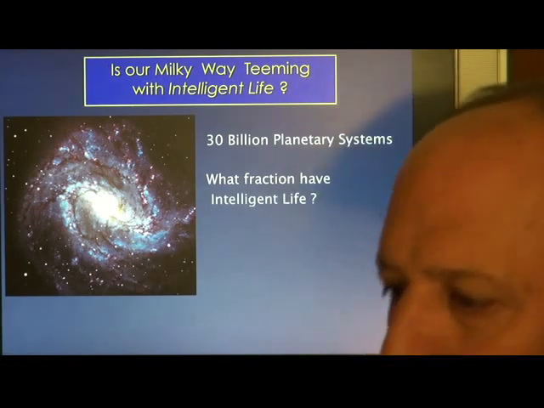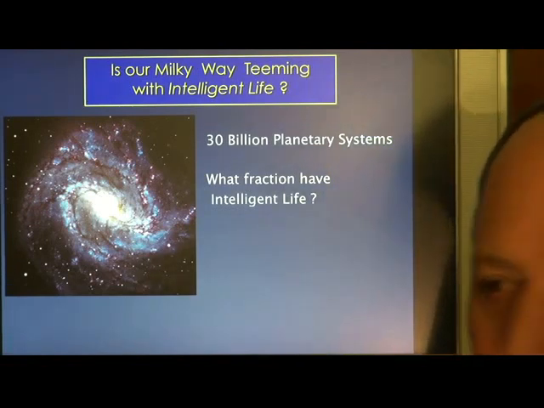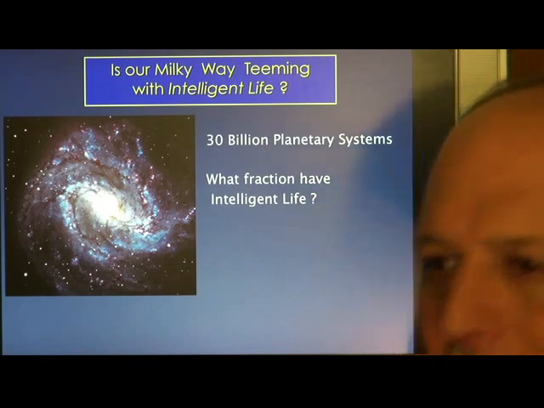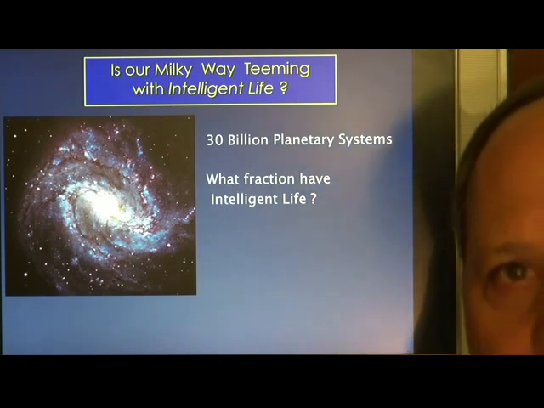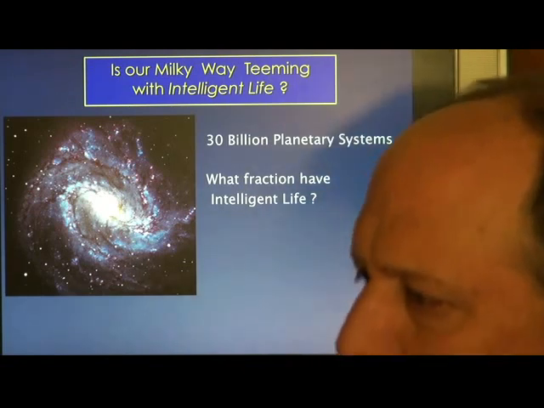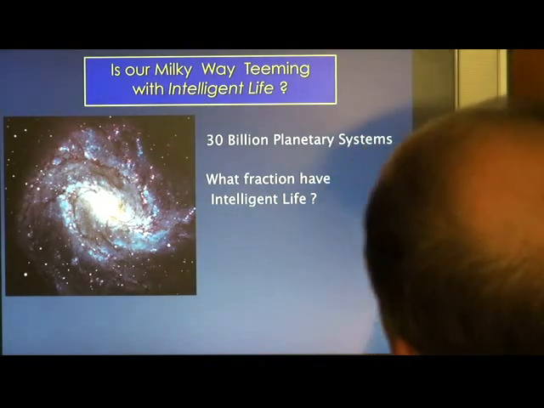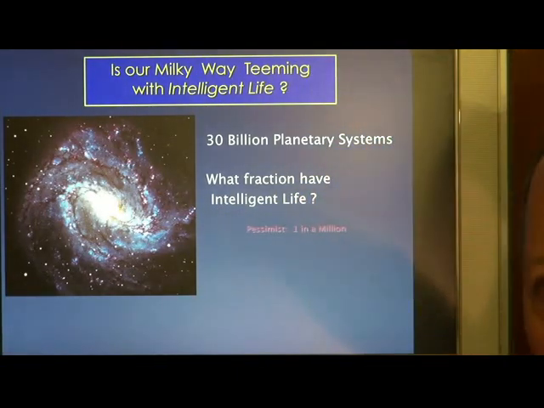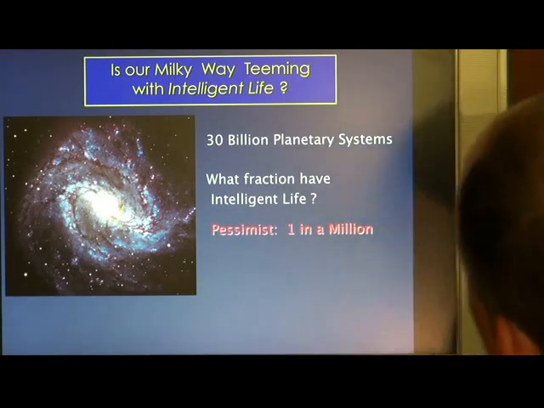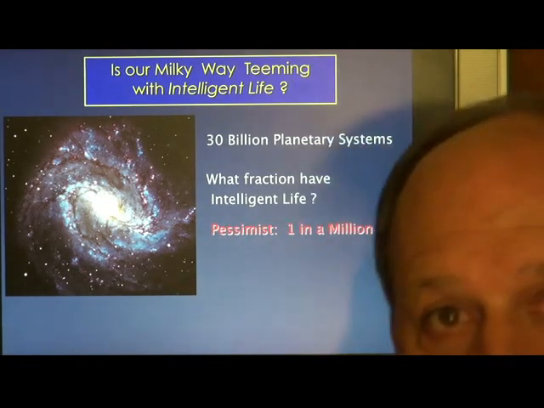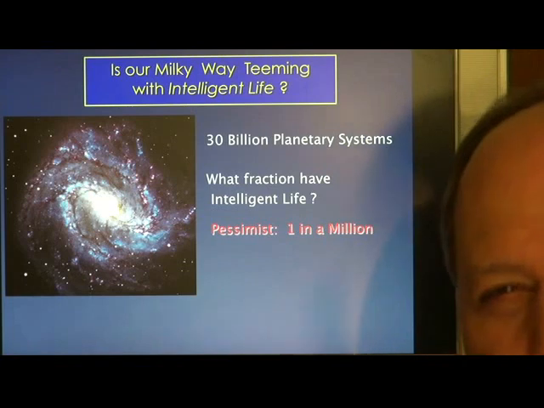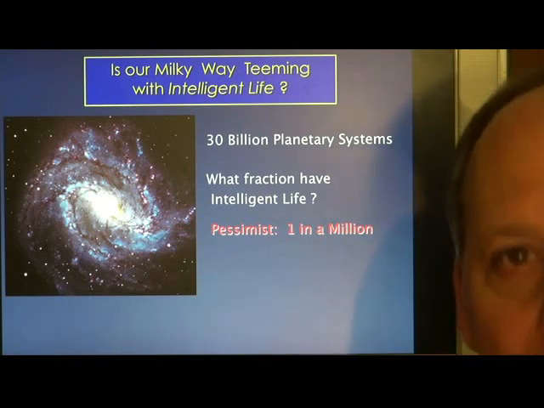Well, the answer, of course, is we don't know. Is intelligent life a 1 in 10 throw of the biological dice, or is intelligent life a 1 in a million long shot? The answer, we don't know, but if you take the most pessimistic possibility, that intelligent life is a 1 in a million long shot, then you can see how the odds play out.